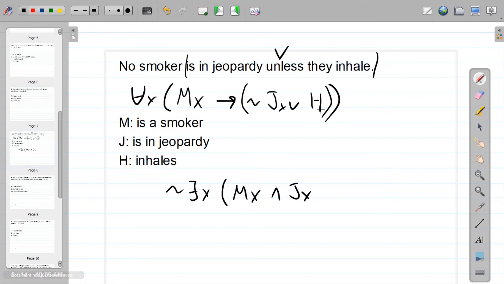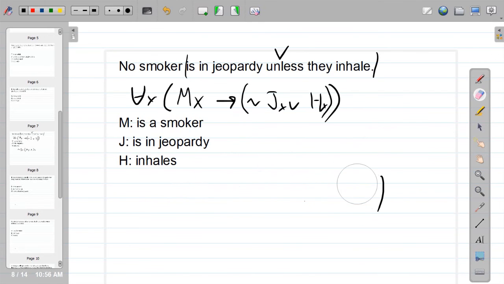And they don't inhale. Does that scan? There's nothing that's a smoker and is in jeopardy that doesn't inhale. No, that's not right, is it? It can't be right. Oh, good, I wrote this one down.